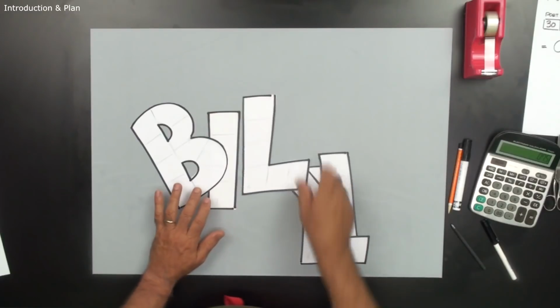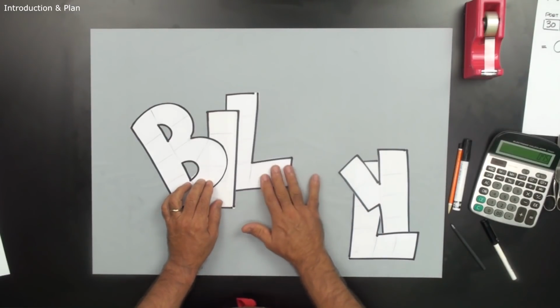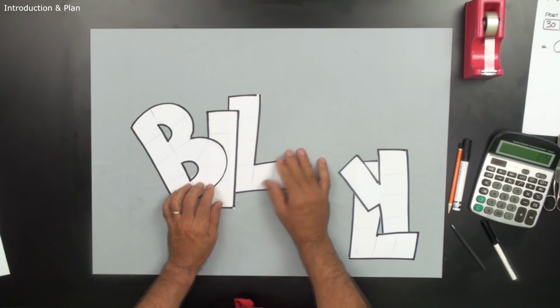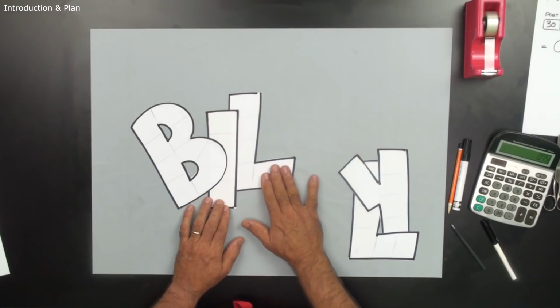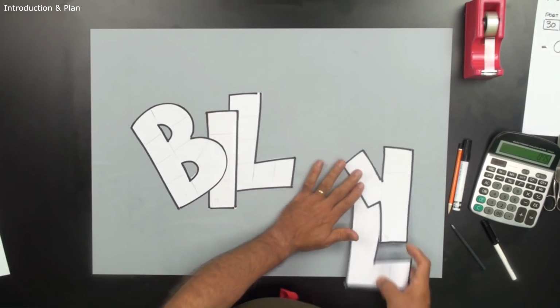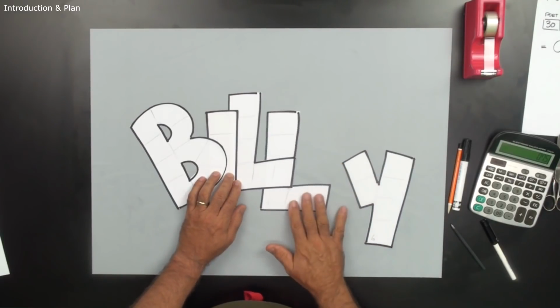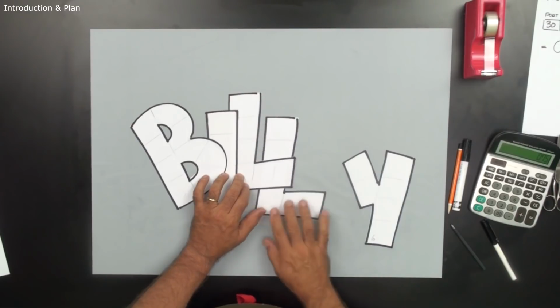Then the L, I like to put over here, but it's not going to be right. So I'm going to put it underneath, but so much that I can still see the L here and not hiding behind. It also looks like this. I have enough space over here, enough space over here. Then another L is here. If I put it like this, I have just a little gap over here. It's not going to be right.